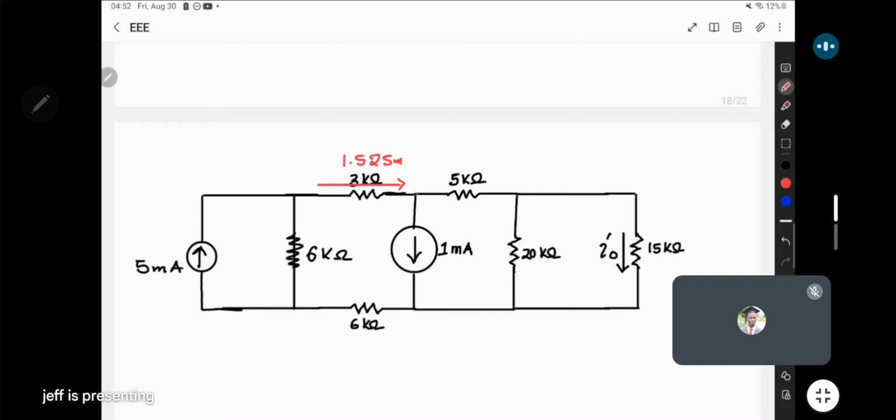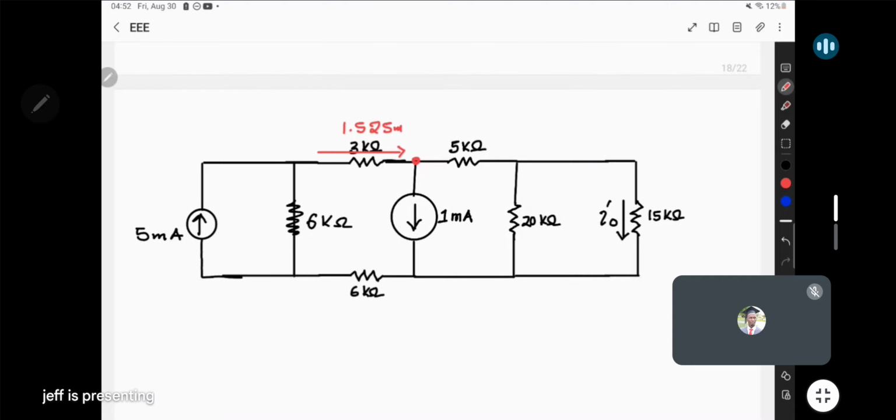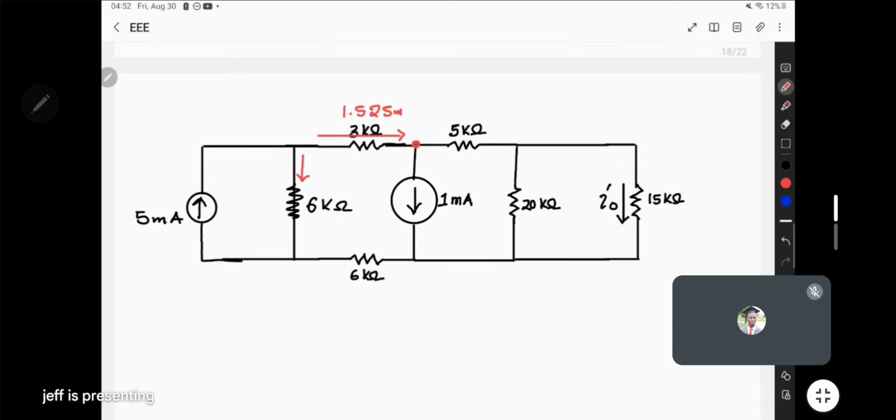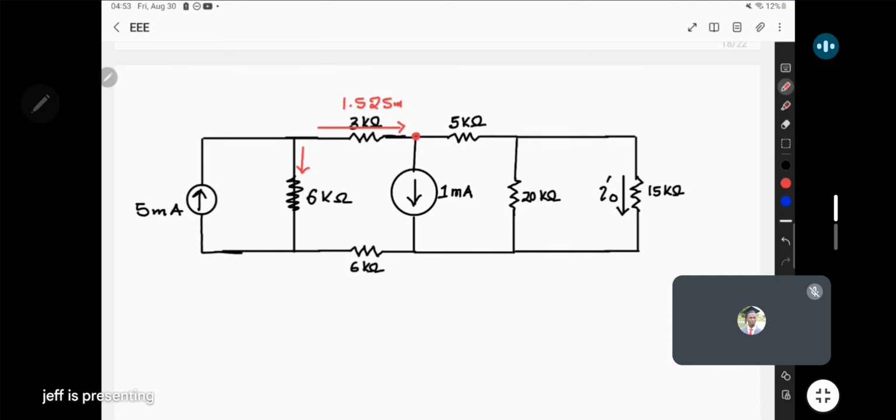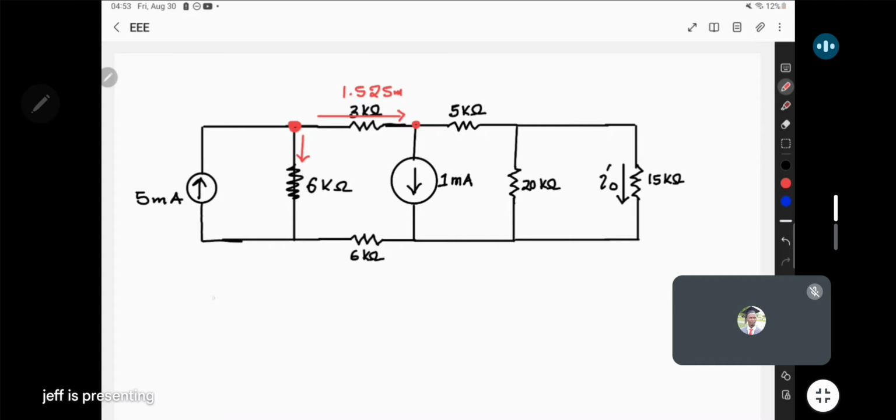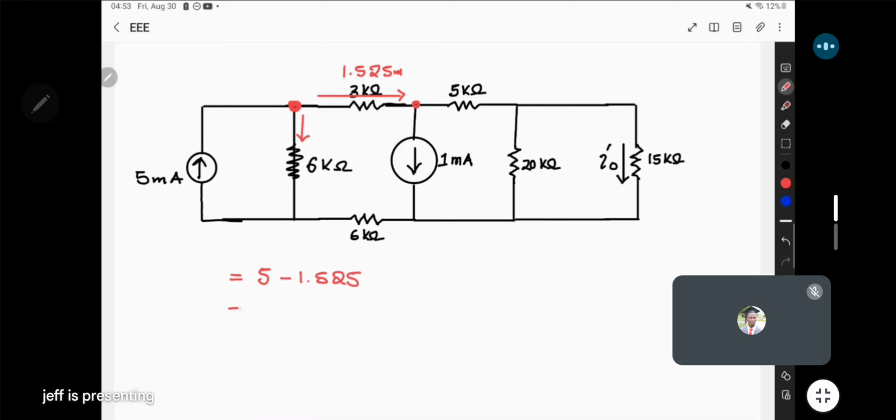That's the one that comes to split at this junction 2, so that we have 1 milliamp here and 0.4 and so on at the 5 kilo. Now we want to understand how much current went down here. So at that point, since what is coming here is 5 milliamps, by Kirchhoff's current law at that node, the current we are looking for will be equal to 5 milliamps minus 1.525. I've just taken a shortcut there. Let's present it this way.